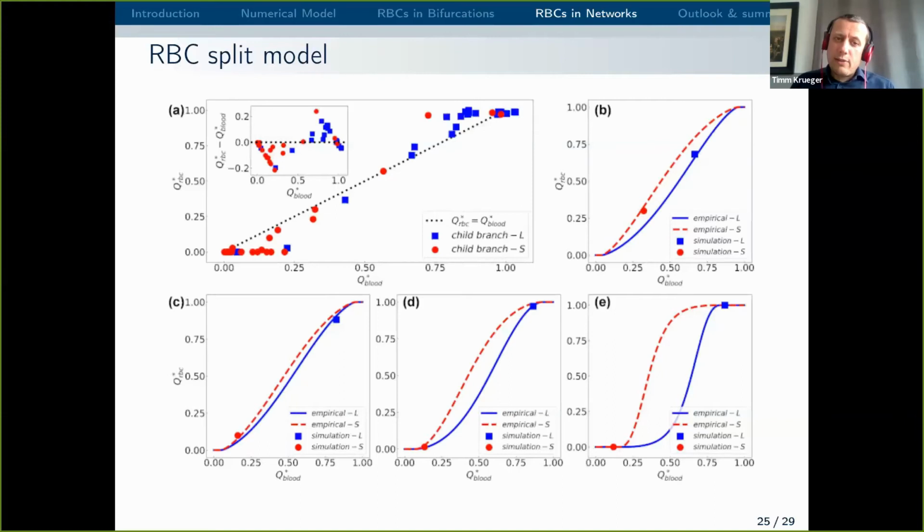And on the y-axis, you see the normalized flow rate of red blood cells in a given branch. And completely naively, you would expect that if a given fraction of blood goes into one branch, exactly the same fraction of red blood cells should go into the same branch, which means you don't have any enrichment or depletion of red blood cells, right?